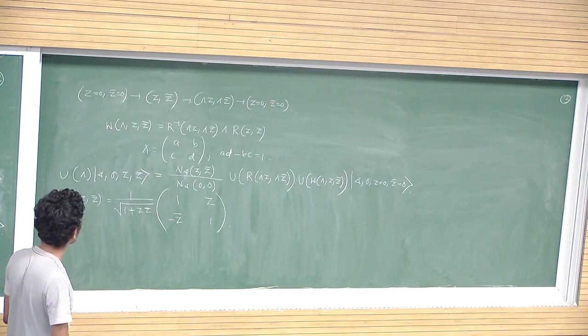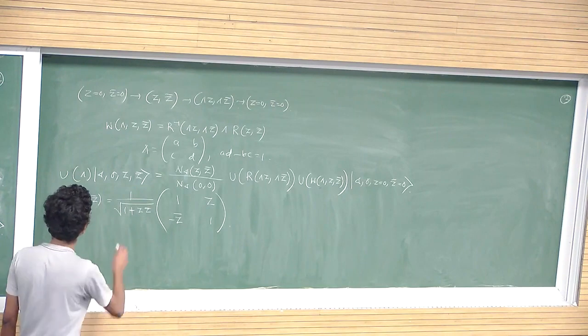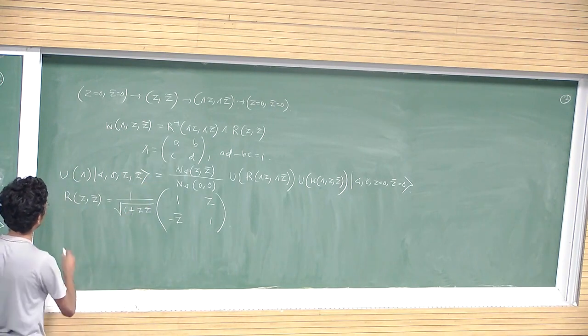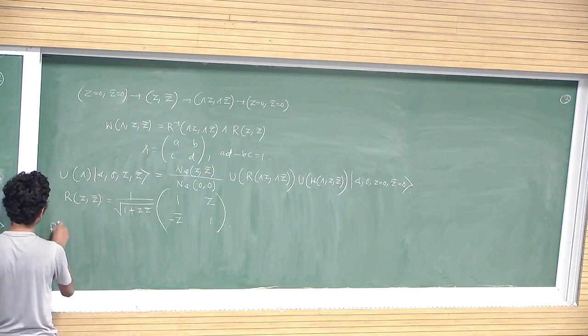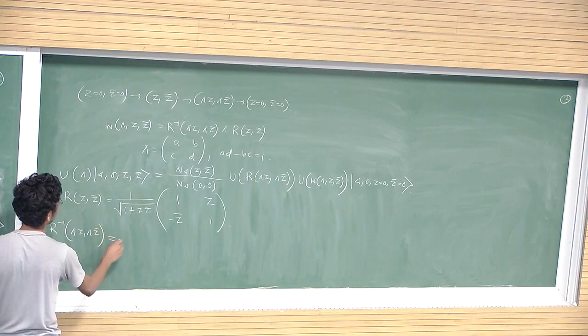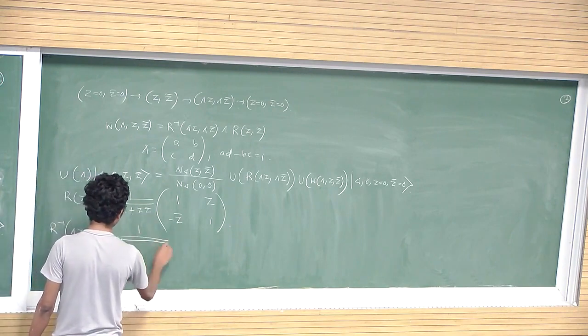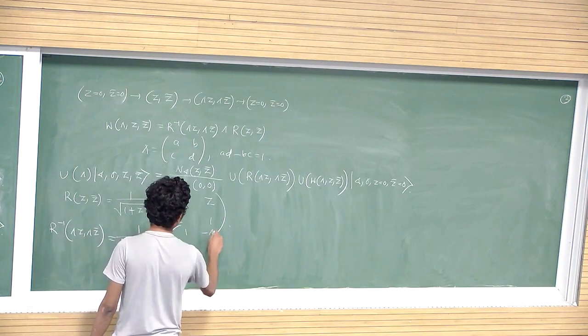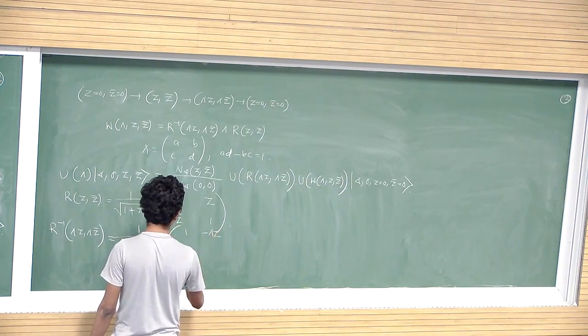And this lambda I have already written, and then this R inverse of lambda z bar will look like square root 1 plus lambda z bar, times the matrix 1, minus lambda z bar; 1.